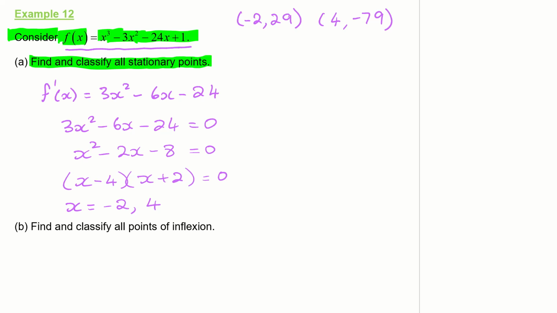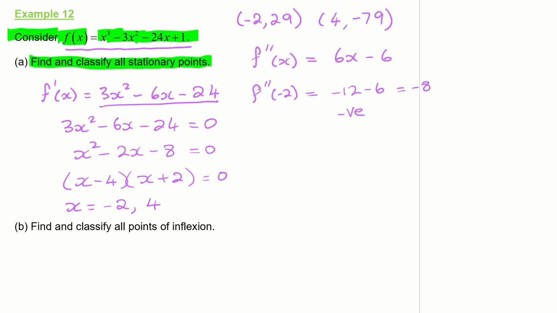So we want to classify. Let's use the second derivative. So we're differentiating this again, giving us 6x take away 6. F double dashed of negative 2 is going to be negative 12 take 6, which is negative 18.